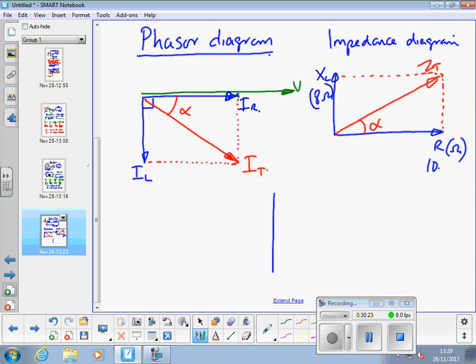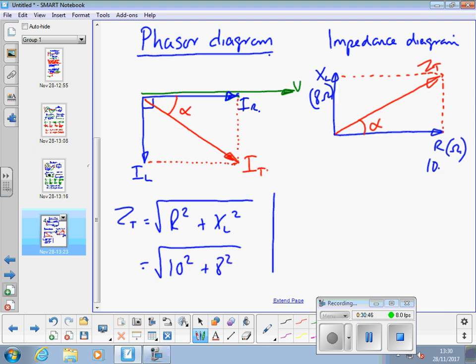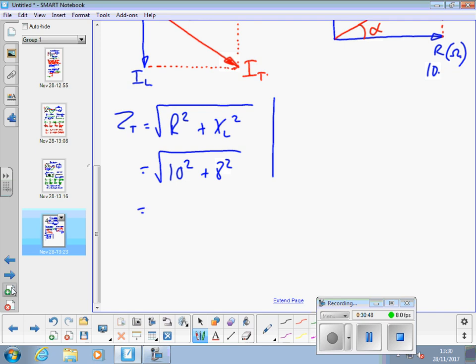So you could go ZT is equal to the square root of R squared plus XL squared. Root of 10 squared plus 8 squared, that's what I make it. Just check that, just in case I got it wrong.